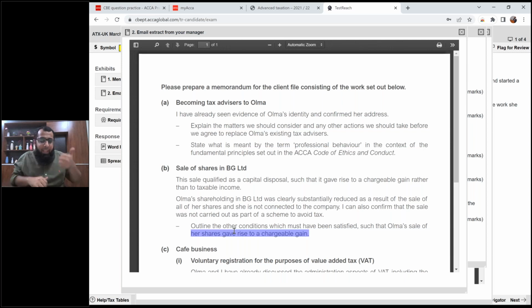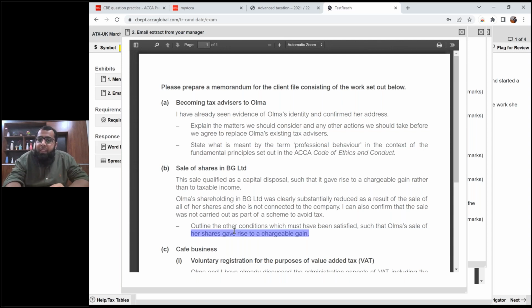Number 1, the person must be UK resident. Number 2, the company should be unquoted. Number 3, 5 years ownership. Number 4, the repurchase should be in the best interest of the company. Number 5, holding should reduce to less than 30%. And the 6th one was that there should be a reduction by 25% at least.